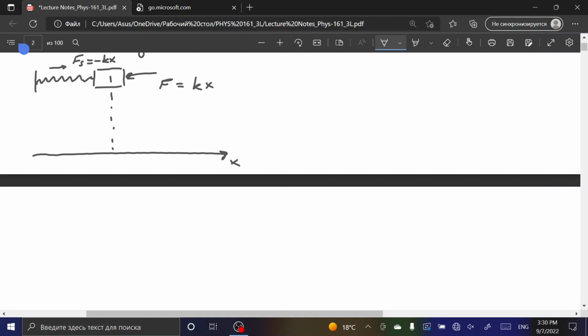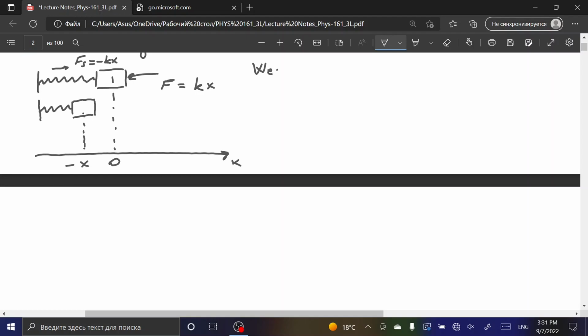So with this, we will end up in some excited state. From the ground state, we go to the excited state with some coordinate minus x. Let us see what will be the work done by the external force F to move this block from position 0 to position minus x.